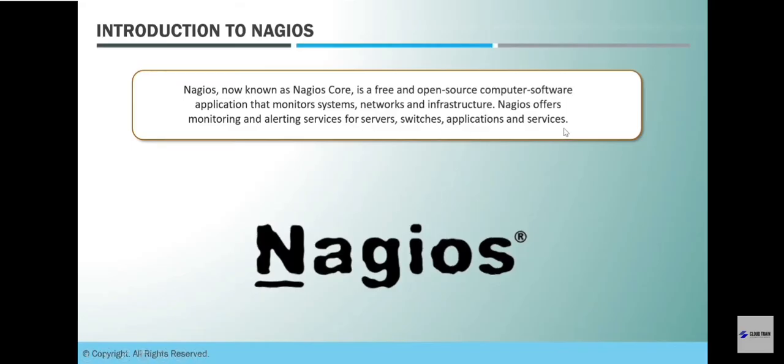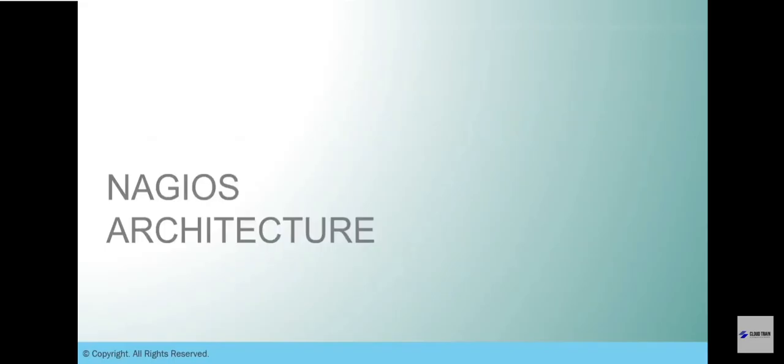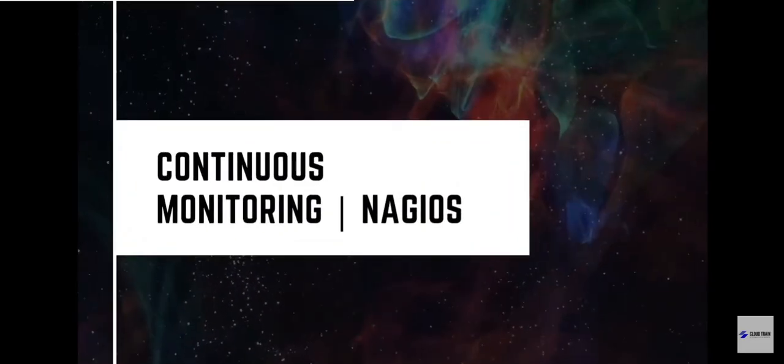This way, Nagios is capable of monitoring each and every component of your complete IT infrastructure 24/7, continuously. That's where Nagios stands as a very strong software to fulfill your continuous monitoring needs, and that will be covered in our coming session in detail. Next, we discuss Nagios architecture in the upcoming session.